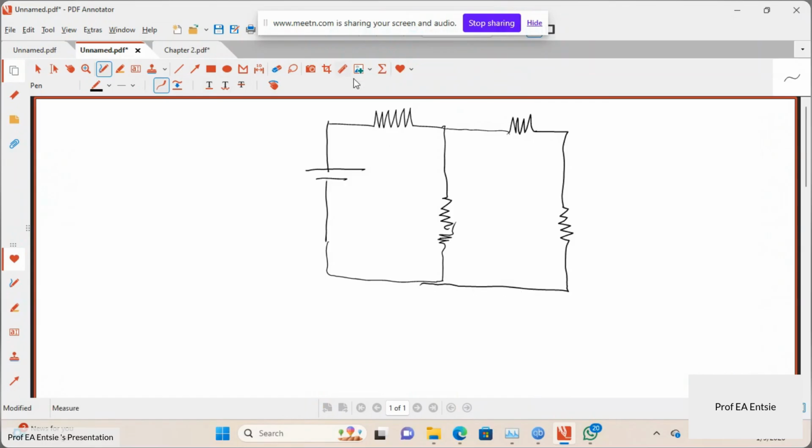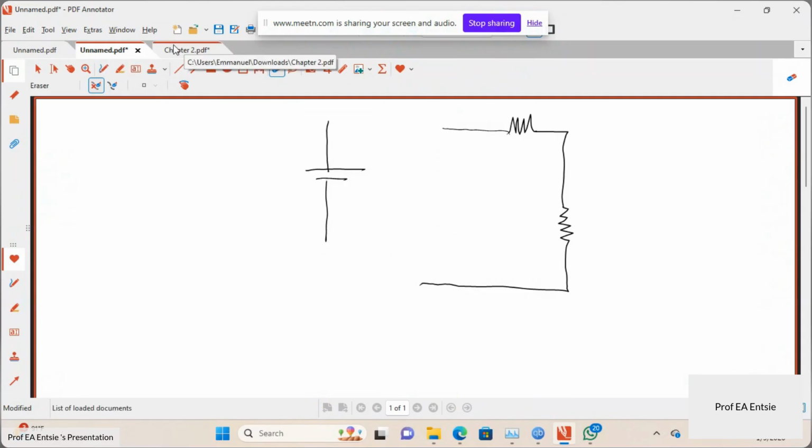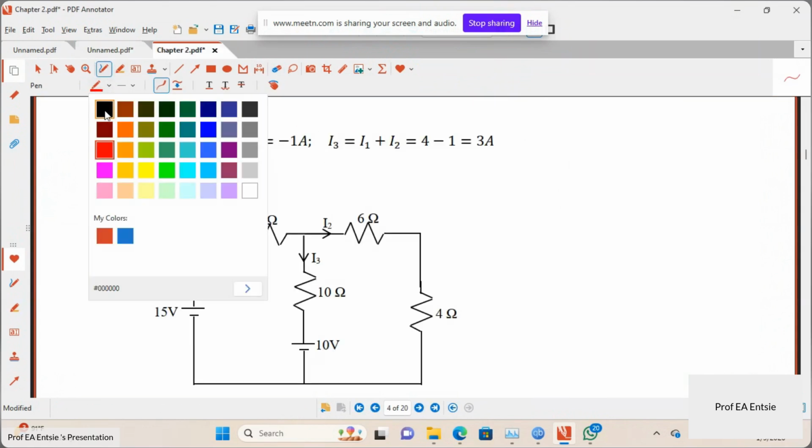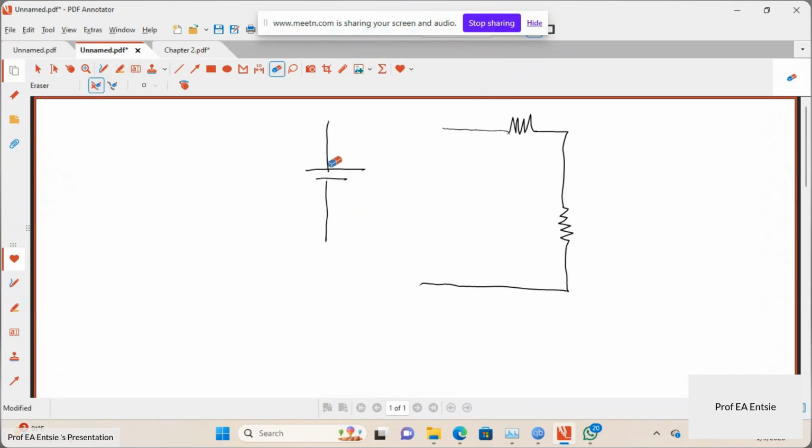Then there's a voltage source here. So let me see whether it's positive. So that one too is positive, negative.